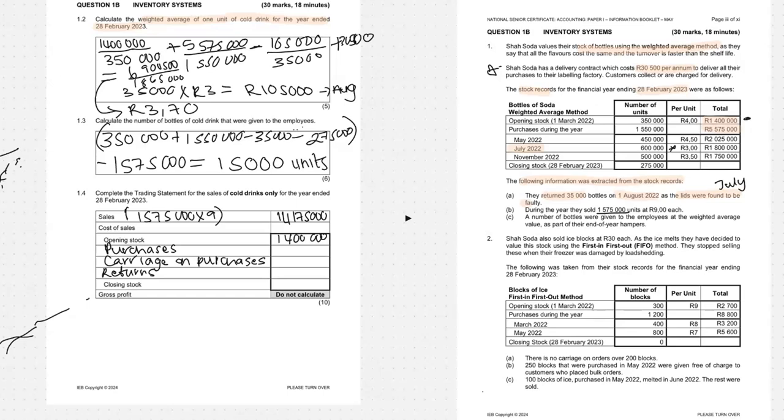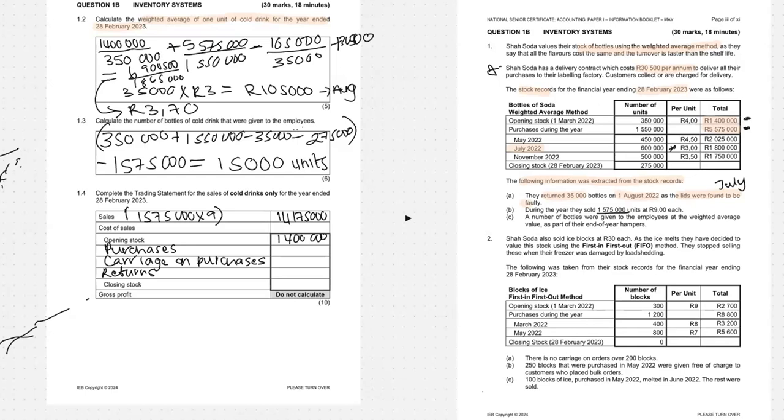But then remember, of those goods that we purchased, some of them were given to employees, meaning they were not sold, meaning that amount cannot be part of our cost of sales. We need to minus that amount from our purchases and make it net purchases, because our cost of sales is just the cost of the goods that we have sold.